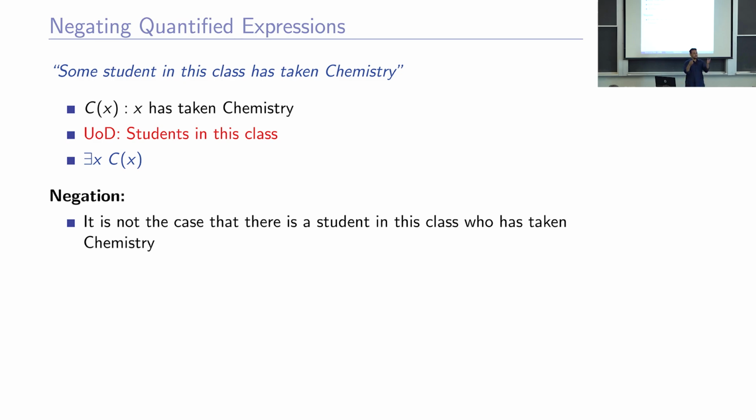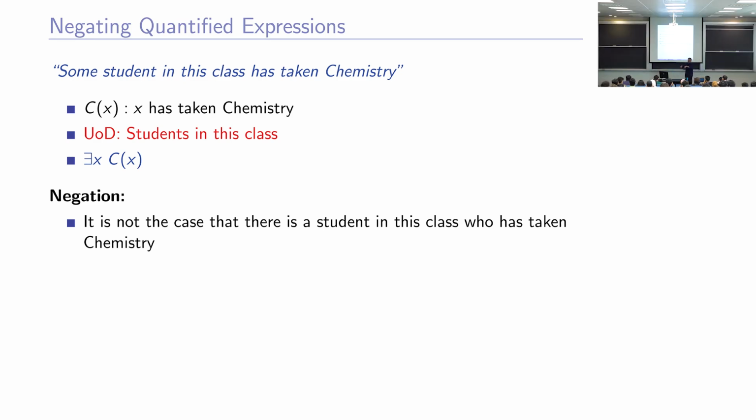Okay, what happens to the middle? The middle are currently taking chemistry. Okay, is this clear? So 40 plus some number, 80 I guess, right? So those 80 are currently taking chemistry, 40 have taken chemistry, and 40 have not taken chemistry. They will never take chemistry.